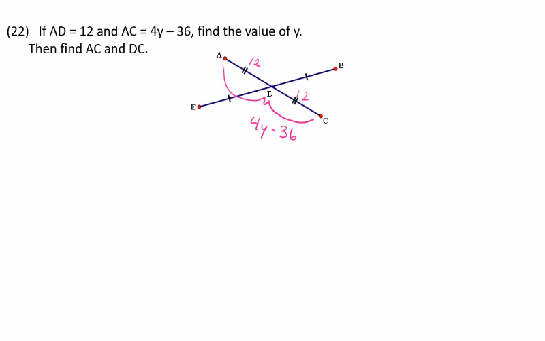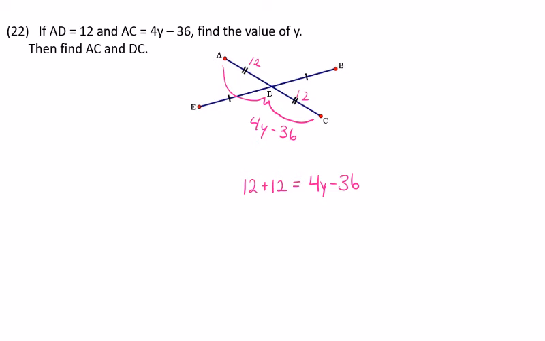So we could do it that way, or since we know that AD and DC are equal, we could just double 12 and get 24, and then set 4y minus 36 equal to 24. Either way, it's the same thing, right? So 12 plus 12 equals 4y minus 36. So in other words, AD plus DC equals AC.